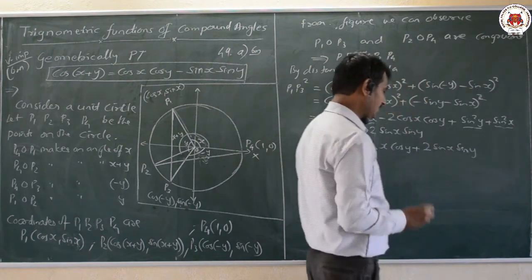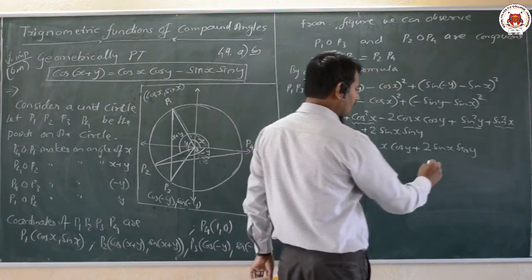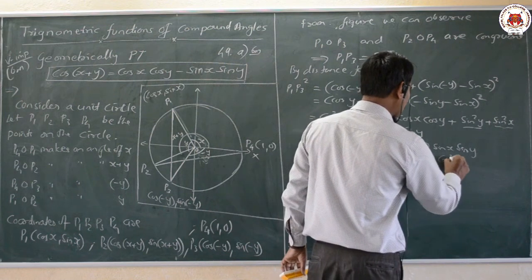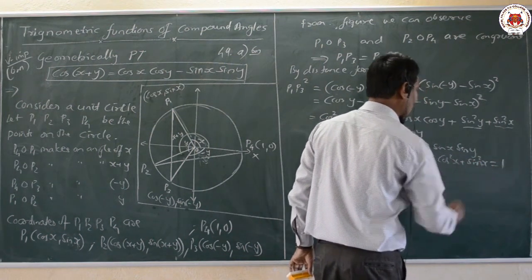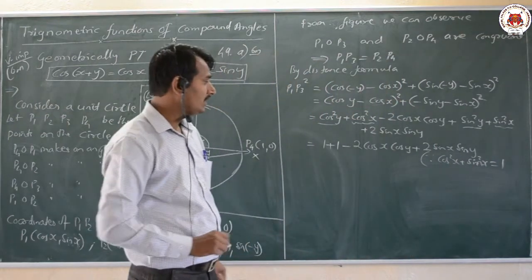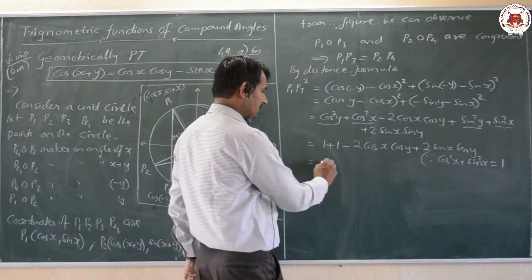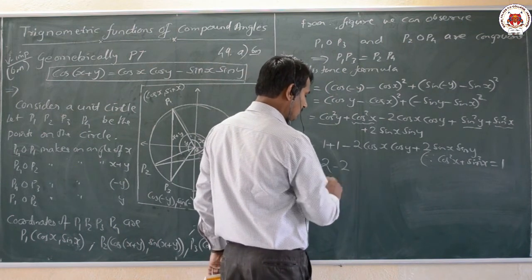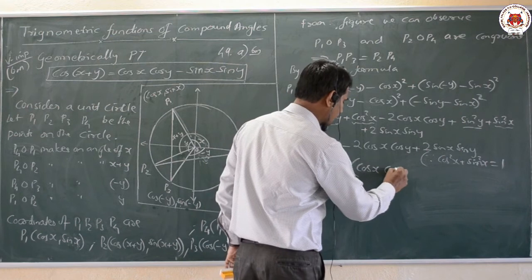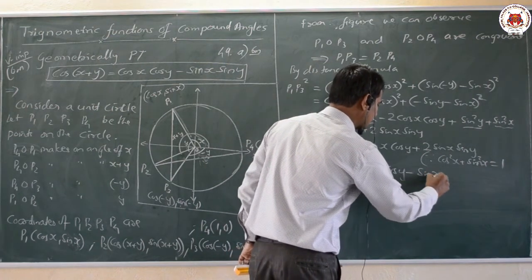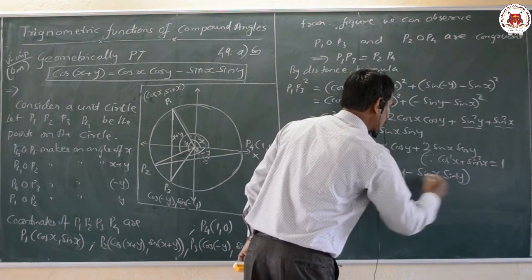Why is it 1? Because cos square x plus sin square x is 1. Now 1 plus 1 is 2, minus 2. If I take the minus sign outside, we get cos x cos y minus sin x into sin y.